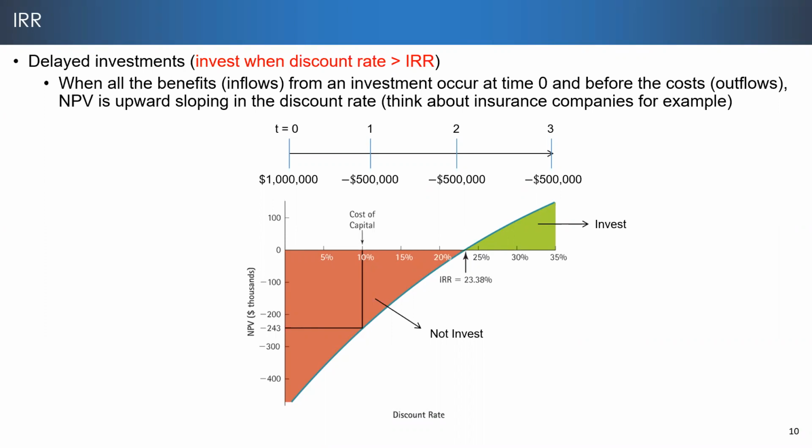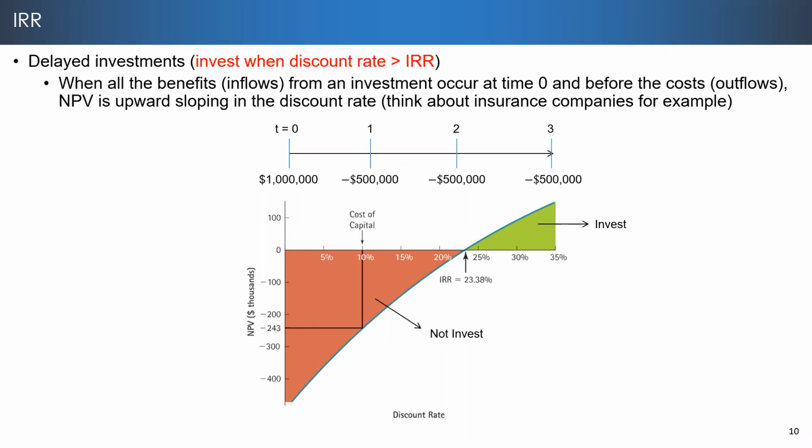So negative 500K divided by 1.2 is greater than negative 500K divided by 1.1. A higher discount rate would actually lead to a higher net present value in this case.